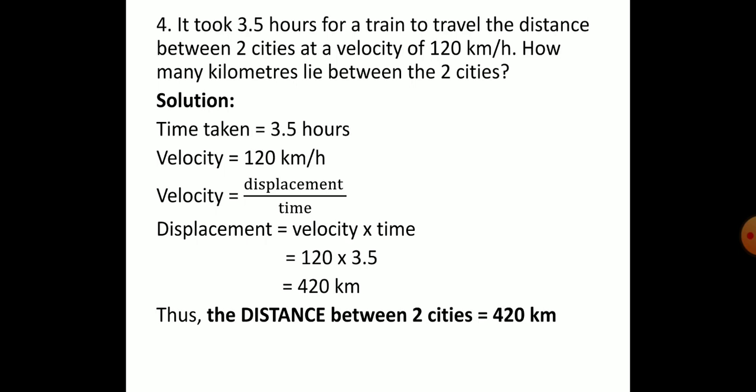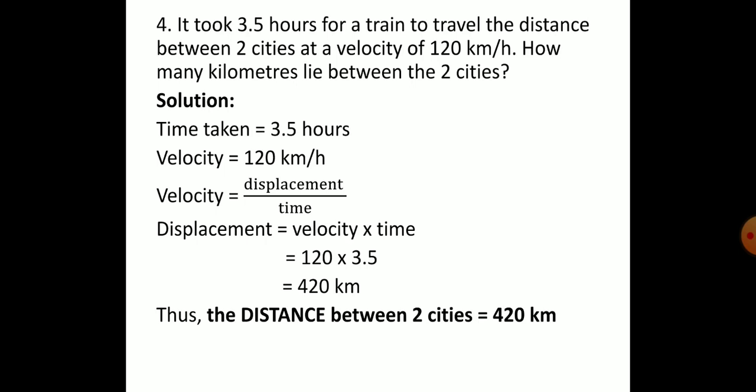Now we know the time taken. The time taken is 3.5 hours. Now velocity itself they have given, that means it is 120 kilometers per hour. Now they have not mentioned the direction, but still they have given the word velocity, so we take it as velocity only. What is the formula for velocity? It is displacement by time.